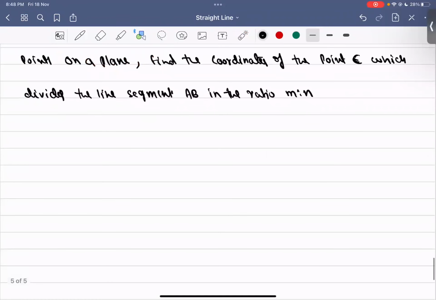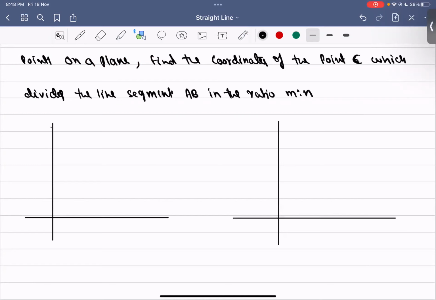If we draw the diagram, this is the y-axis, x-axis. In the first case, suppose this is A (x1, y1) and B is (x2, y2) somewhere over here.